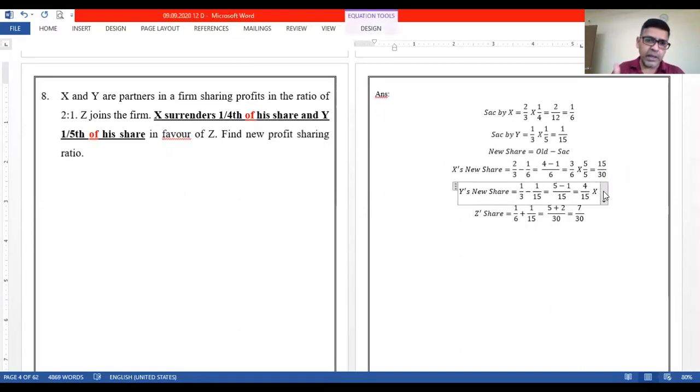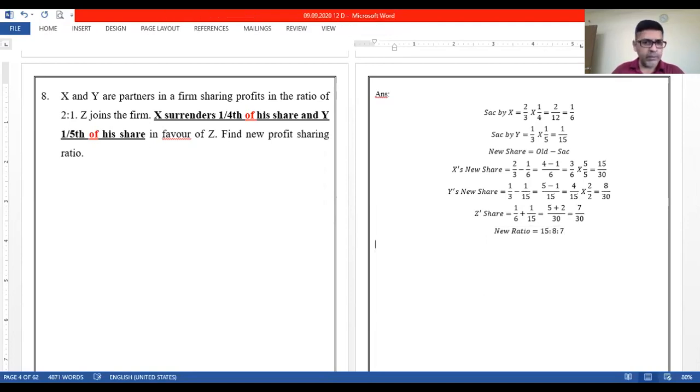If 15 has to be converted to 30, multiply by 2, okay, so that will be equal to 8 by 30, right? So finally now I have the denominators the same for all three partners. So let me write the new ratio over here. The new ratio will be equal to 15:8:7. Okay, so I'm done with the new ratio.